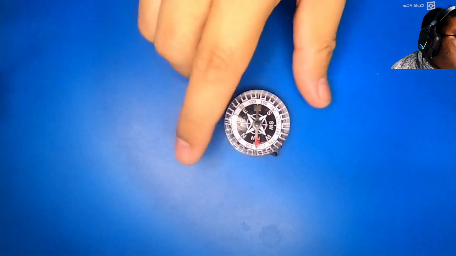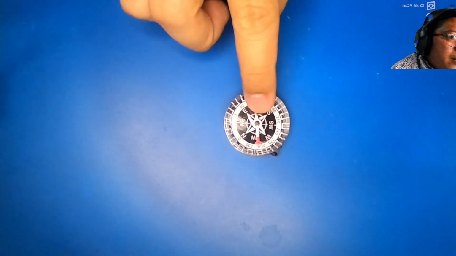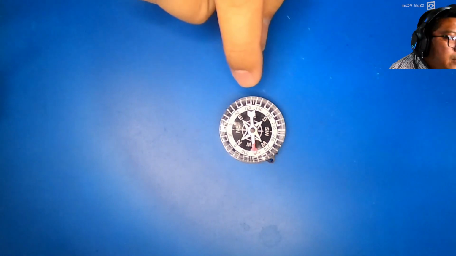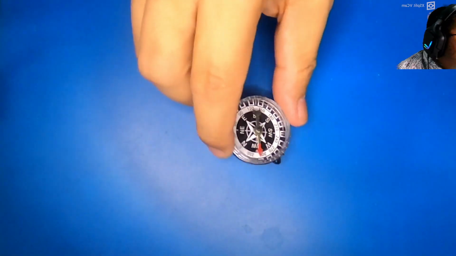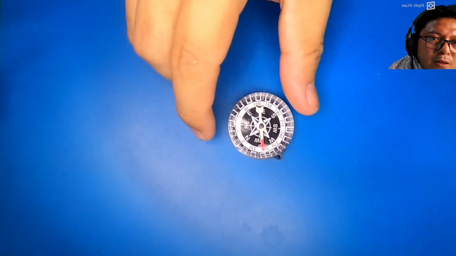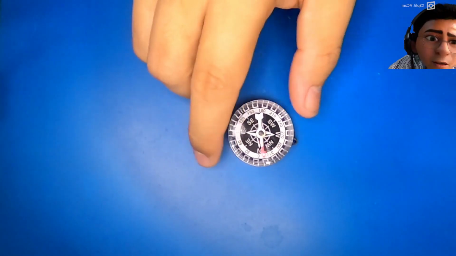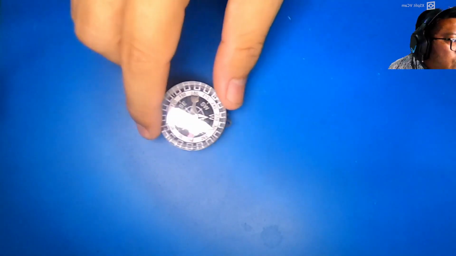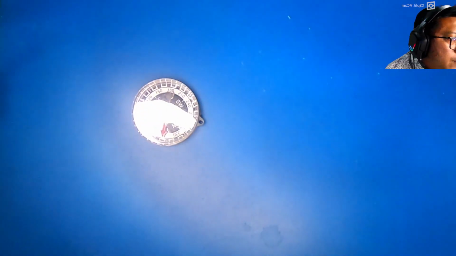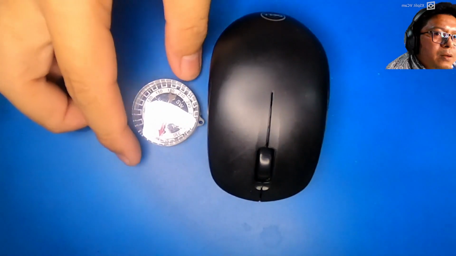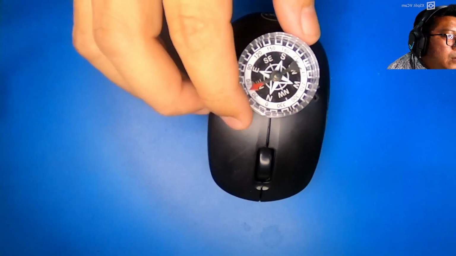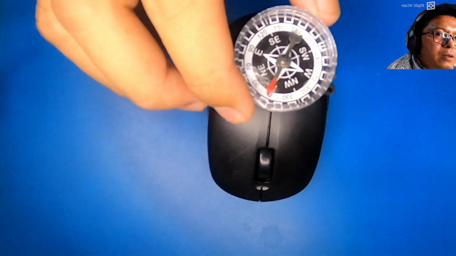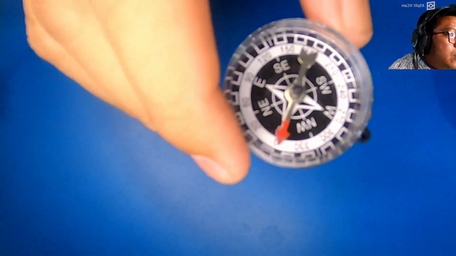This is a compass. If you can see here is the arrow. The arrow is a little red in color, and that is the north. Okay, you can see there.